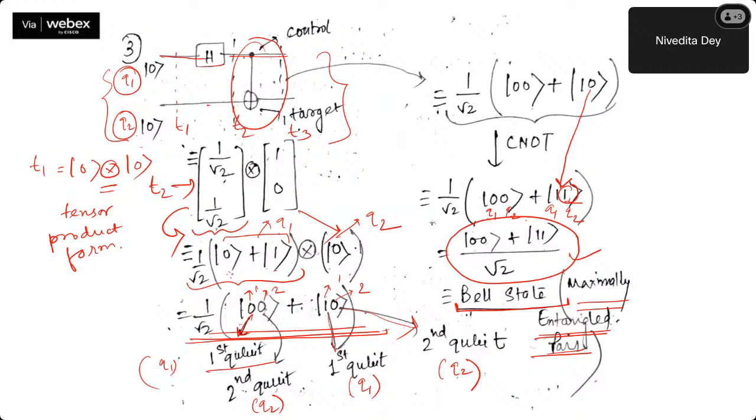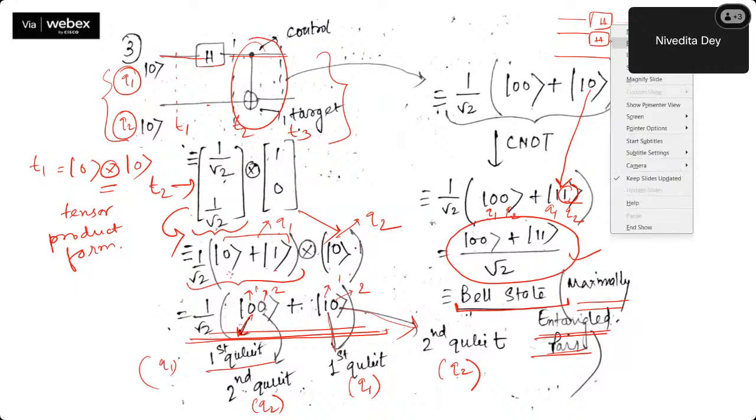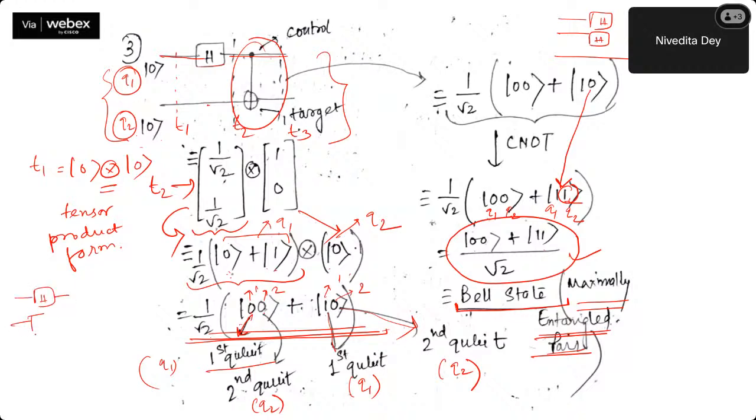For example, say I have a Hadamard, and here also I have a CNOT gate.